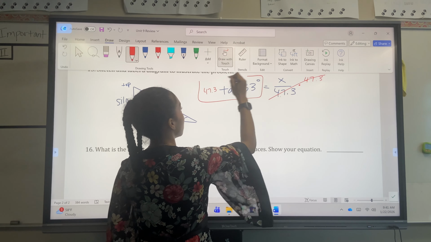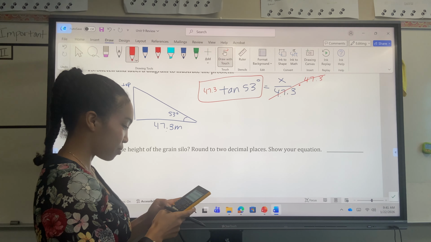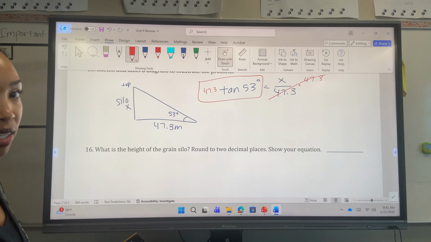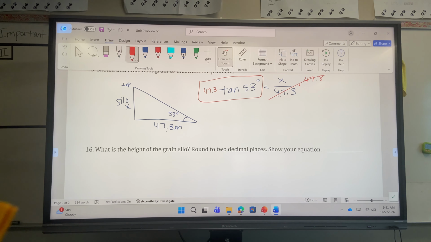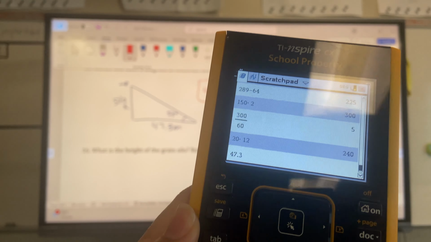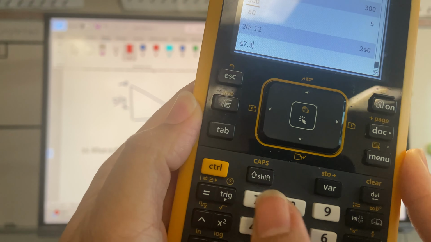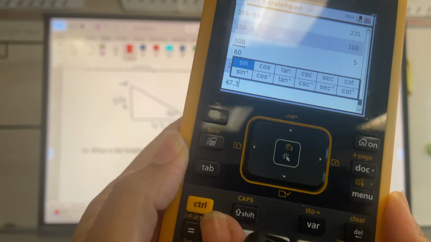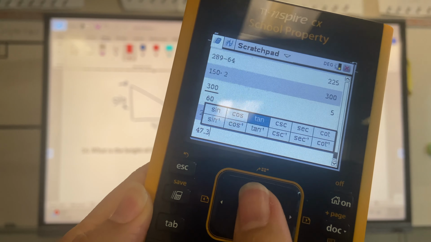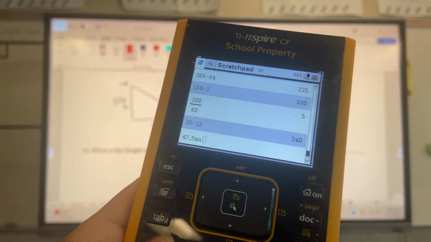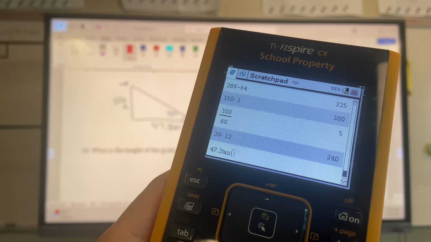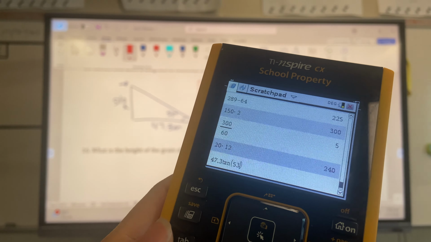So I'm going to type this into my calculator and get the answer. 47.3, hit the trig button, go to tangent, and type in 53.